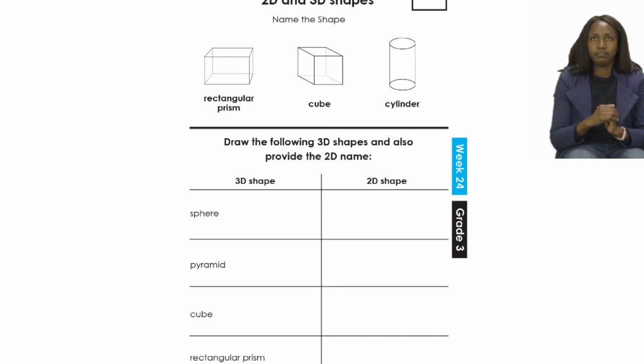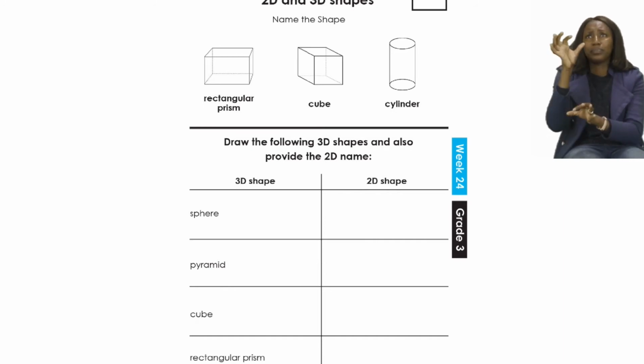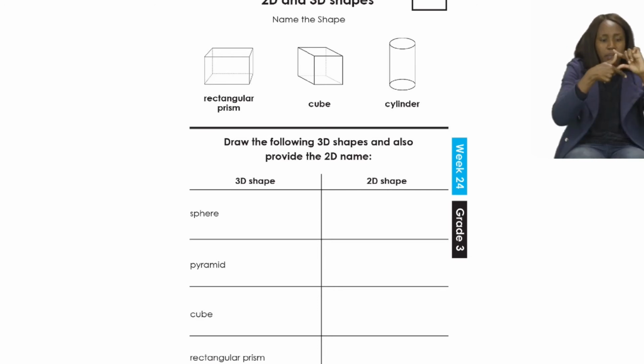Okay, now if you go back to the first part of the page and you look at your rectangular prism, your cube, your cylinder, these are all examples of 3D shapes.